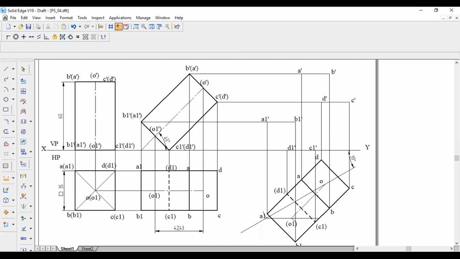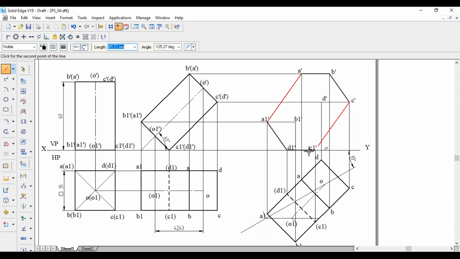So all the outer points of every view are visible. So join that one with a continuous dark line. That is C1 dash to D1 dash to A1 dash to A dash, B dash, C dash, back to C1 dash. So these are the outer points. So these are visible. Join that one.